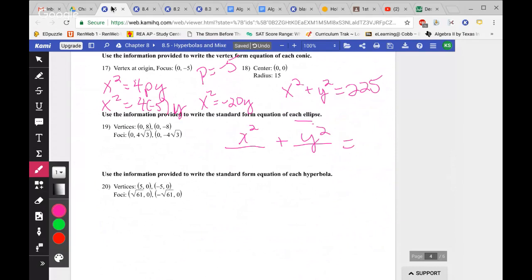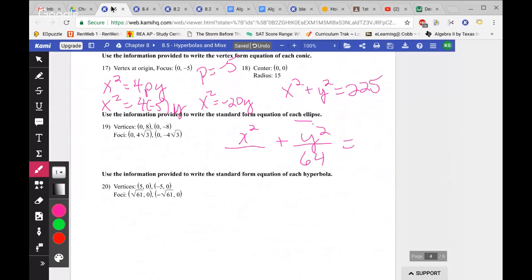And since it's in the y, it's going to fall under the y. Does that make sense? The vertex always tells me the largest value, because in the ellipse, it's value that makes it the vertex, and in the hyperbola, it's position. This tells me that 64 is the largest value, and since it's falling in the y, it's going to go under the y squared.